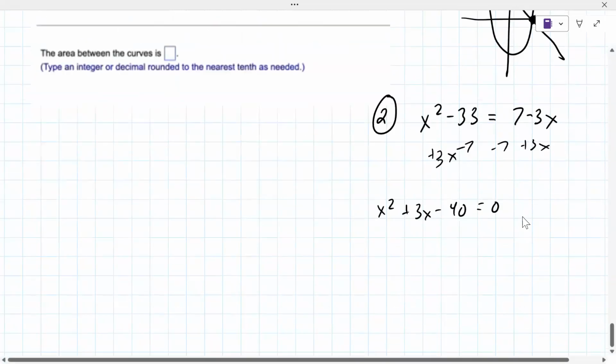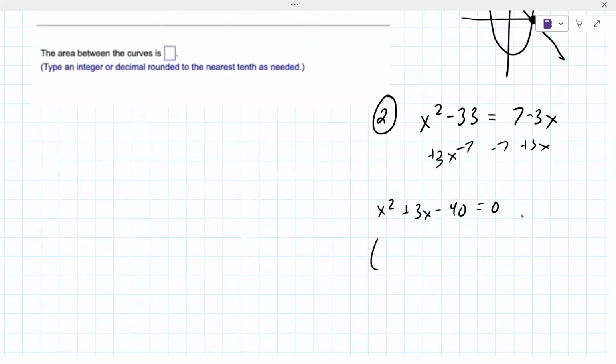Then you have to find two numbers that multiply to negative 40 and add to positive 3. 5 and 8.